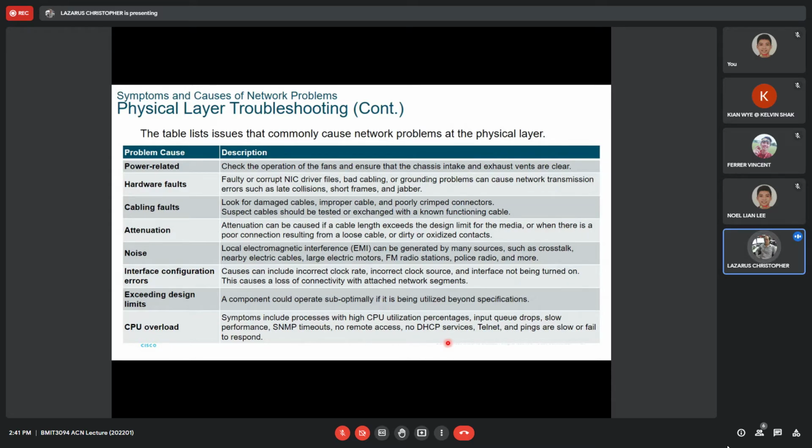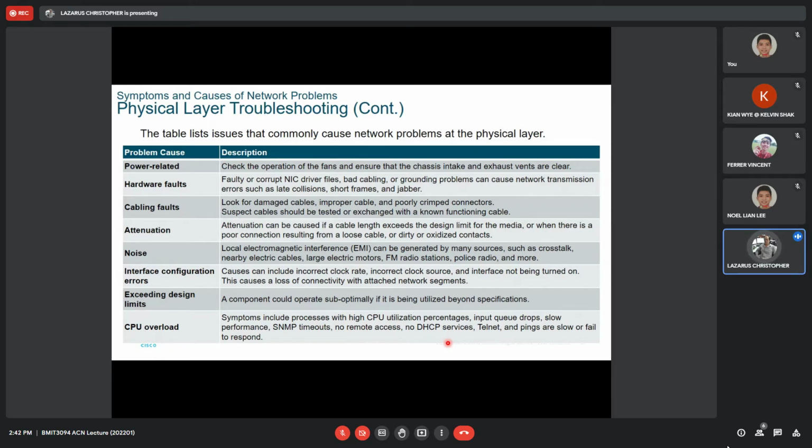So maybe if you say 10 meters, maybe you just reach 8 meters, something like that, right? Attenuation can cause loss of signal, which means corrupted signal, corrupted data. When data is corrupted in the network, it means retransmission for TCP, so it makes your network slow.